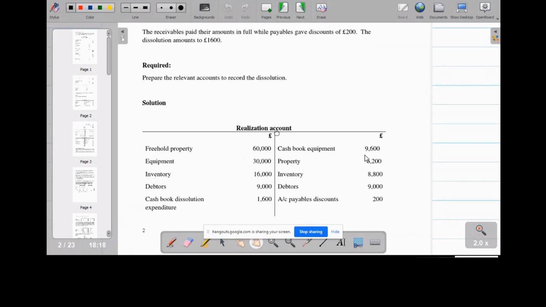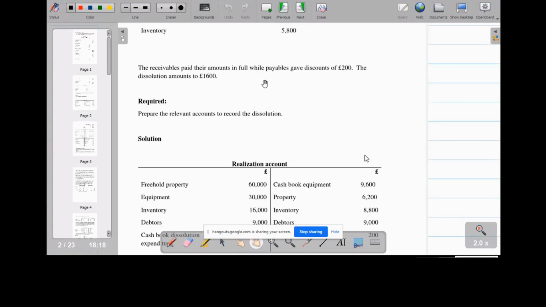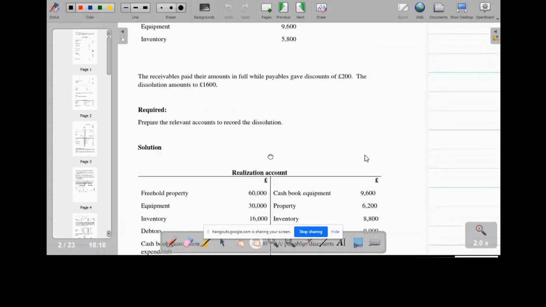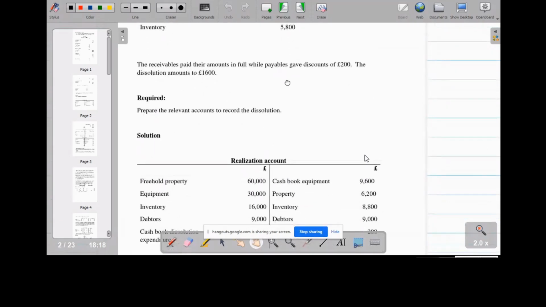Then in terms of realization, we have been given the realization here. Freehold was 62,000, equipment is 9,800, and inventory is 5,800.